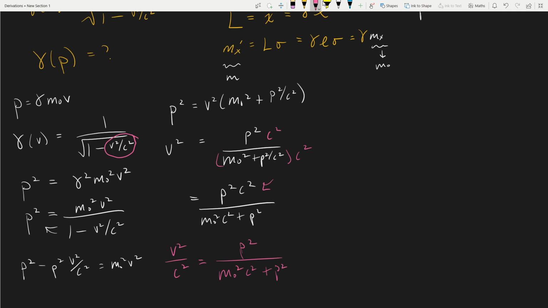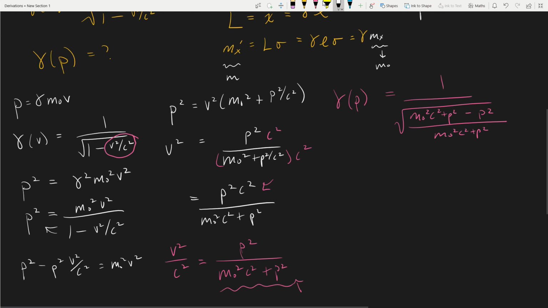Okay, so gamma now as a function of p is going to be equal to 1 over all under the root here. And we know the first term is 1. And what I'm going to do is normalize this to the denominator here. So we're going to do m naught squared c squared plus p squared all over m naught squared c squared plus p squared, and then minus p squared, right? Because it's this guy. We're doing subtract there.